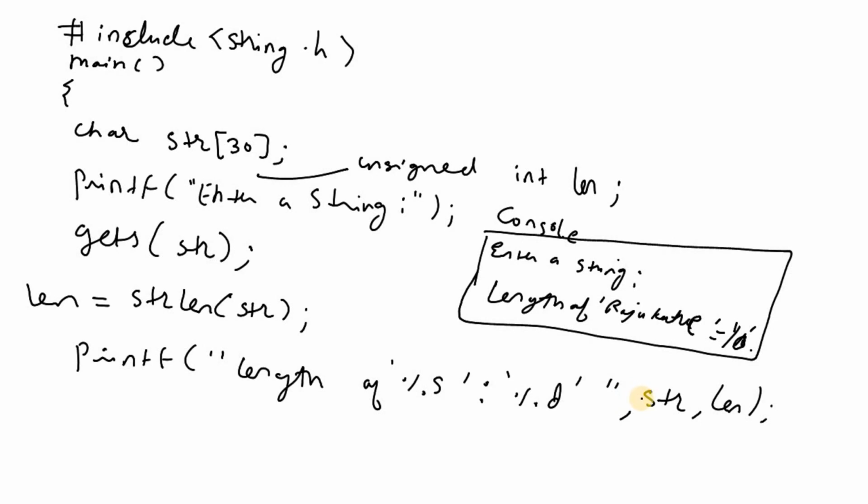So the length variable is of unsigned integer type. It is simple to find the length of a string. In this session we discussed the gets function and one predefined function available in the string.h library, that is the string length function.